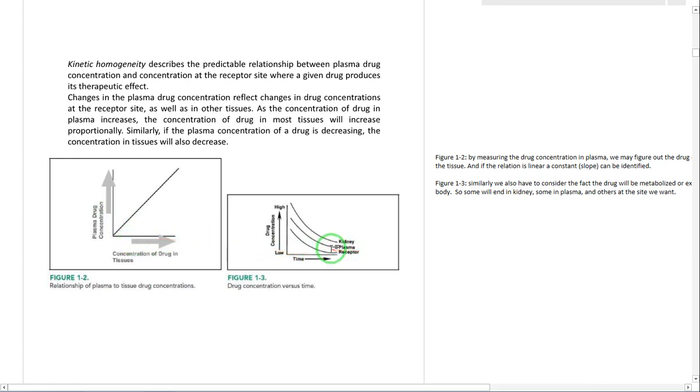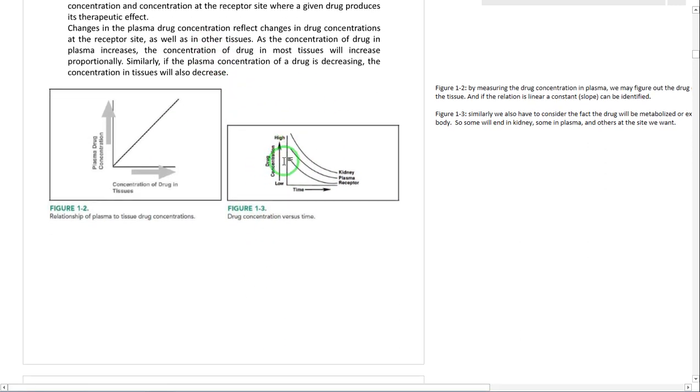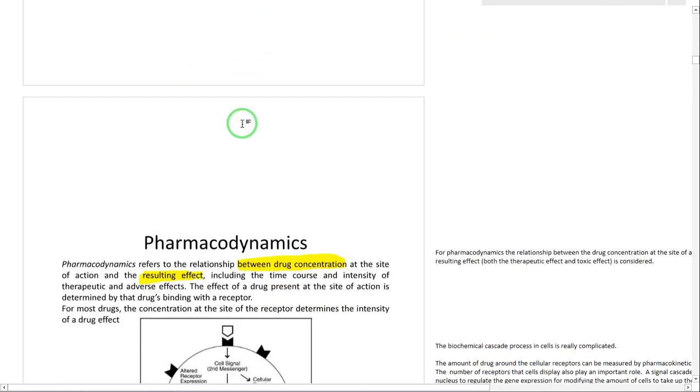For different tissues, we can see how much of the drug is going to be concentrated in the plasma, for example in the blood, or how much of that is going to be accumulated in the receptor, or how much is going to be excreted out of the body with respect to time. And you see here in this figure the concentration of drug with respect to time.